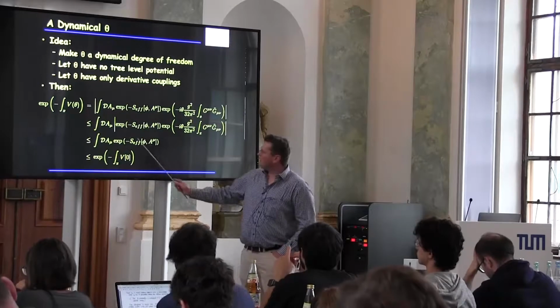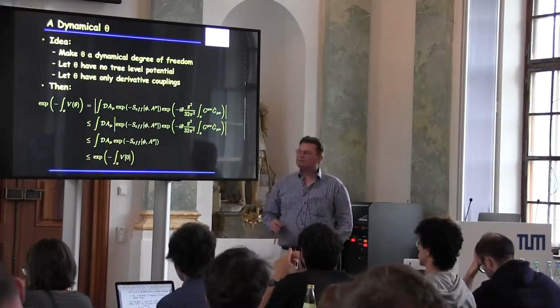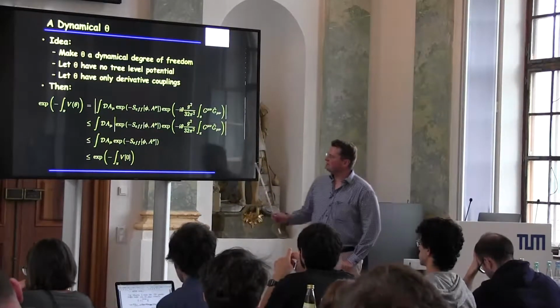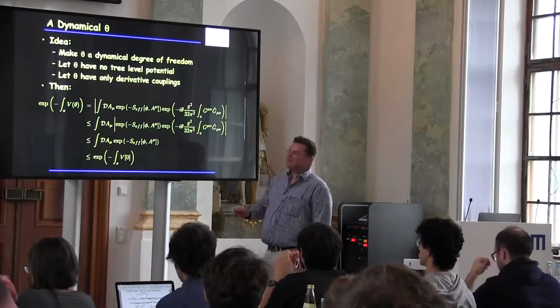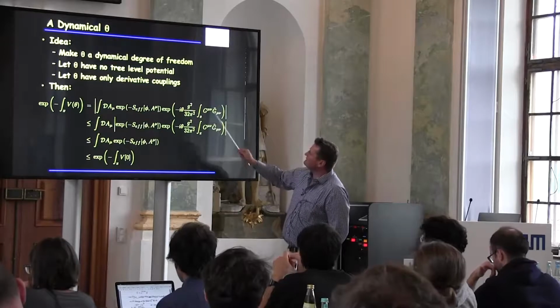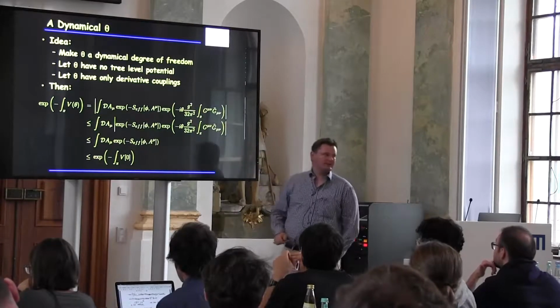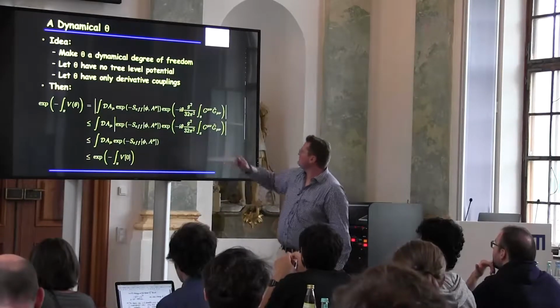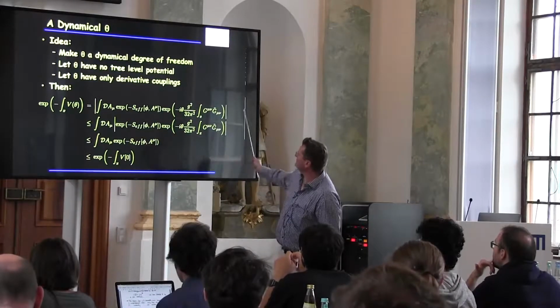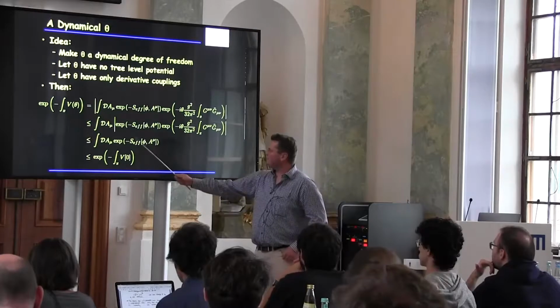And now you can just compare to the expression that you started with, and this thing over here is exactly the same as if you had set theta equals 0 right from the start. That would be basically putting here just theta equals 0, everything drops, and you get exactly the same expression.